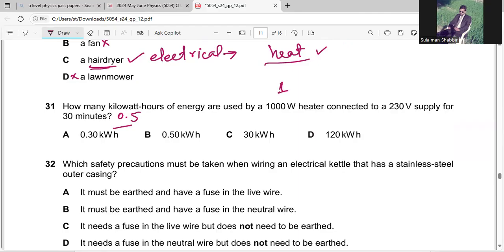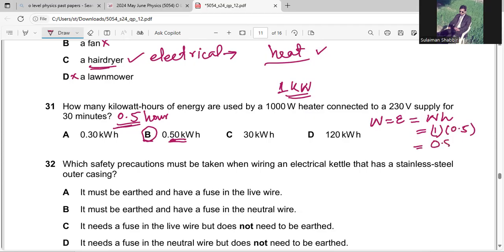So I will say here 0.5 kilowatt hour. What I did: 1 kilowatt should be multiplied with 0.5 hours. So I will get energy, or we can say work done. That is kilowatt hour. I took 1 kilowatt multiplied by 0.5 hours and I got 0.5 kilowatt hour.